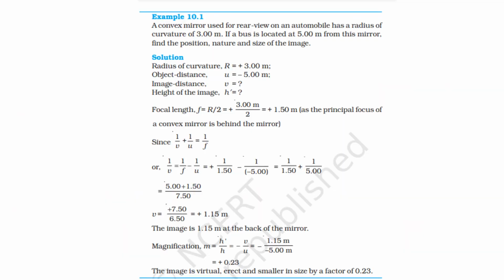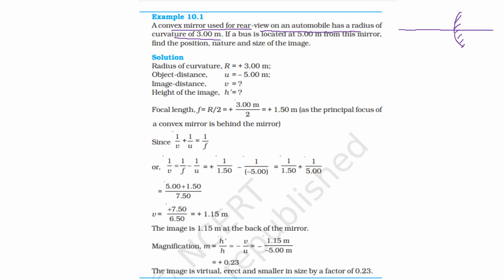Now let us see one example from the book. A convex mirror is used for a rear view of an automobile, with a radius of curvature of 3 meters. So they are using a convex mirror whose radius of curvature is 3 meters.